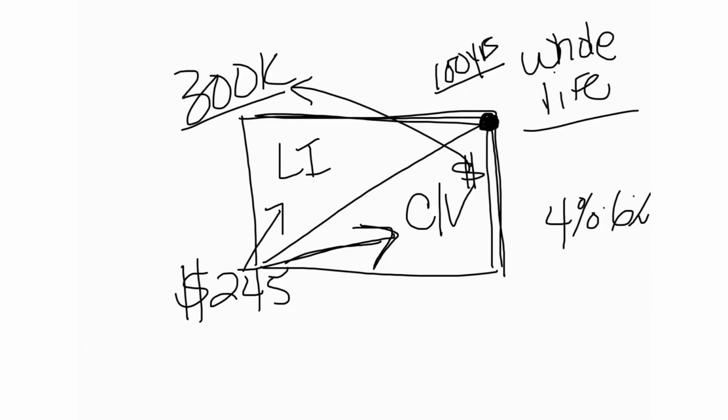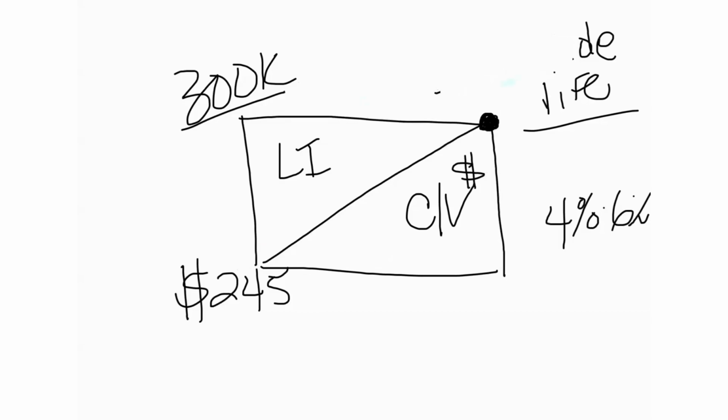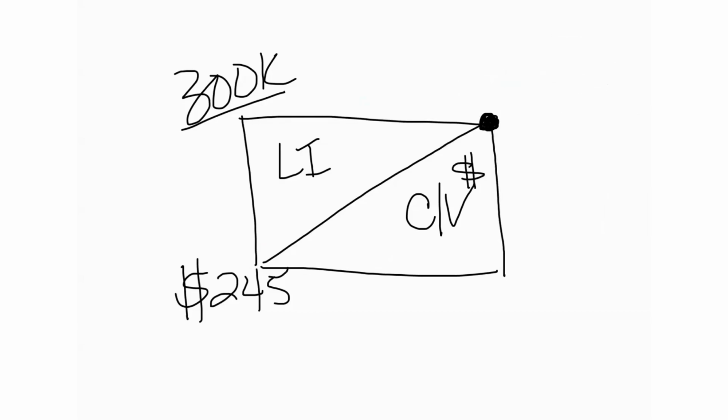So let me just kind of back up a little bit here to make it a little cleaner. So you understand how all this works. Now I'm putting my money into my life insurance policy. And let's say I die early here. I get 300,000 death benefit.